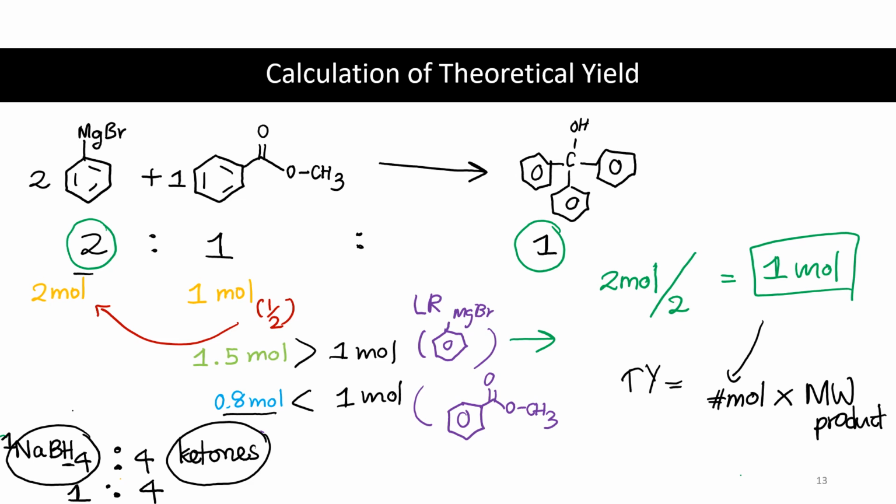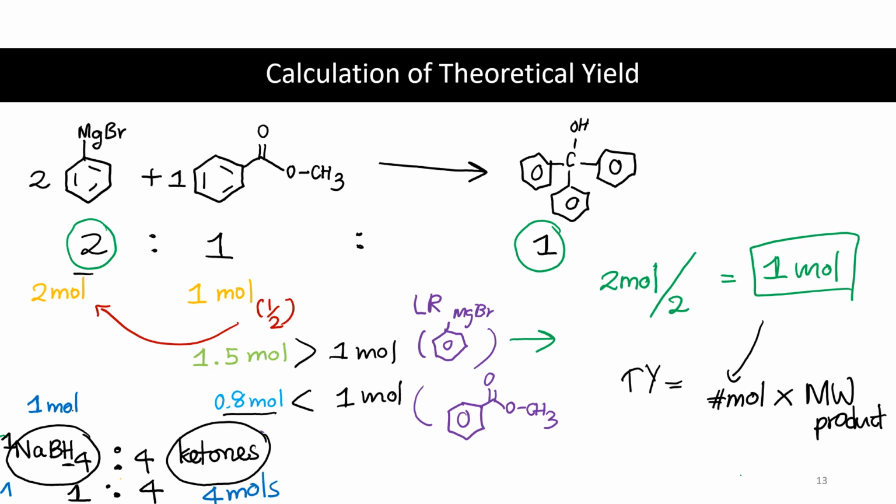So if you had 4 moles of the ketones, you would need at least a quarter of that from the reducing agent. So 1 mole at least. If the amount you had was less than 1 mole, then sodium borohydride would be the limiting reagent.